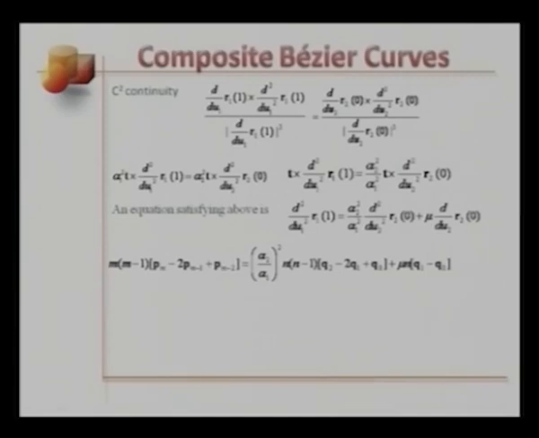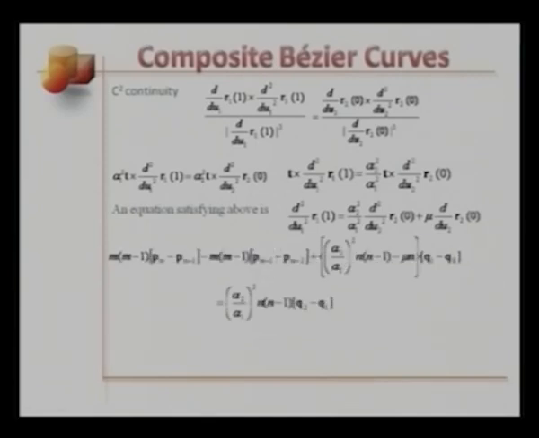We try to rearrange this relation further, and in doing so we get m times (m minus 1) times (P_m minus P_{m-1}) minus m times (m minus 1) times (P_{m-1} minus P_{m-2}) plus (alpha 2 over alpha 1) the whole square times (n minus 1) minus mu n.